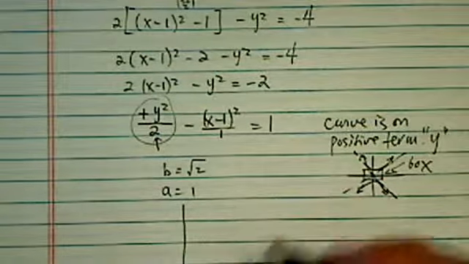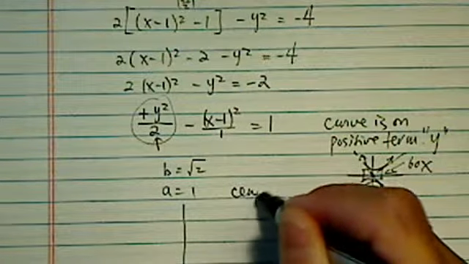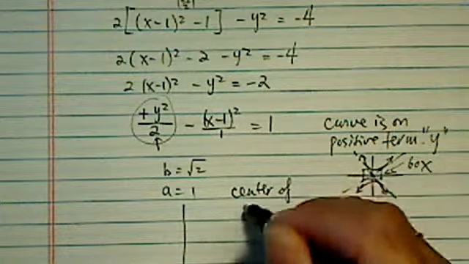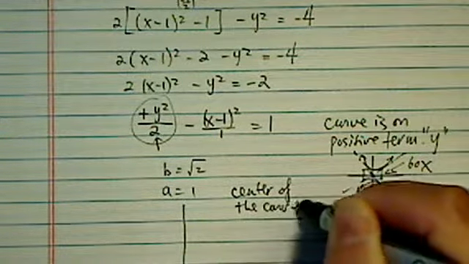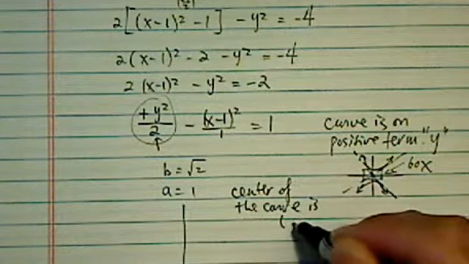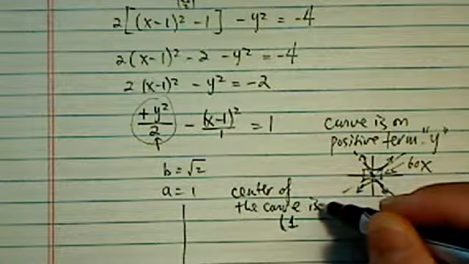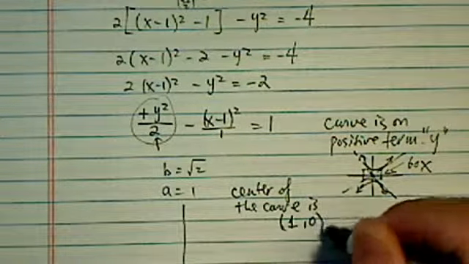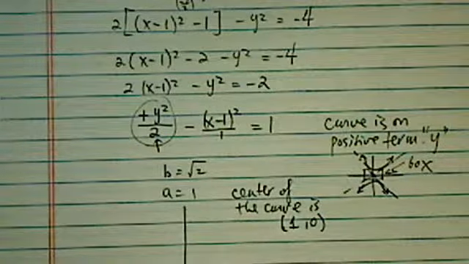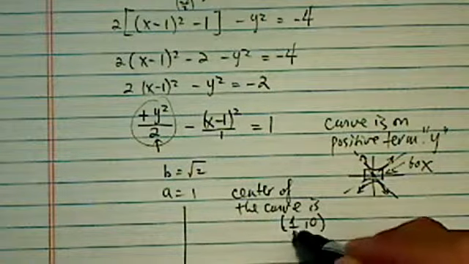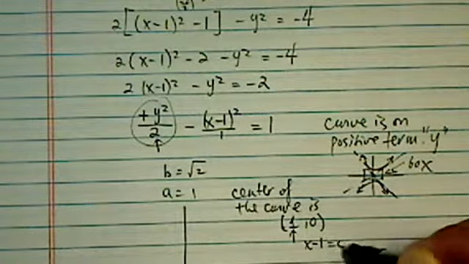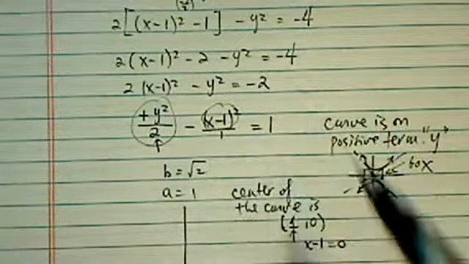Let's draw, and then the center of the curve is at positive 1 and 0. The one I got over here is basically x minus 1 equal to 0. That's this term here.